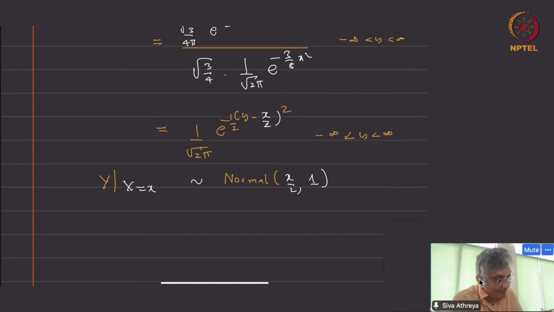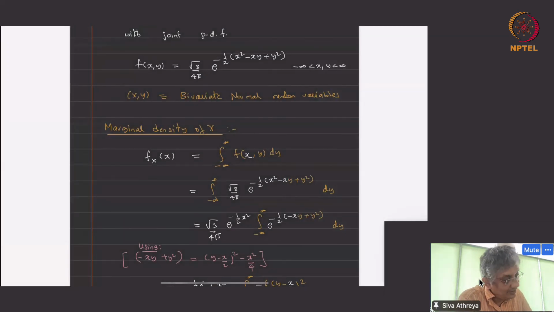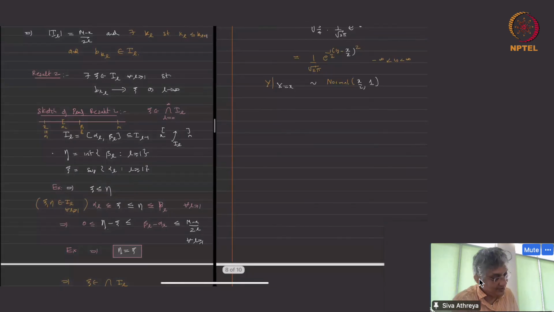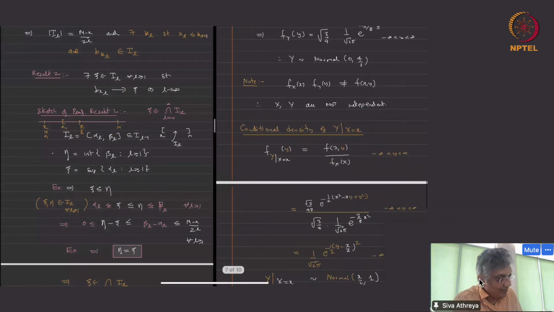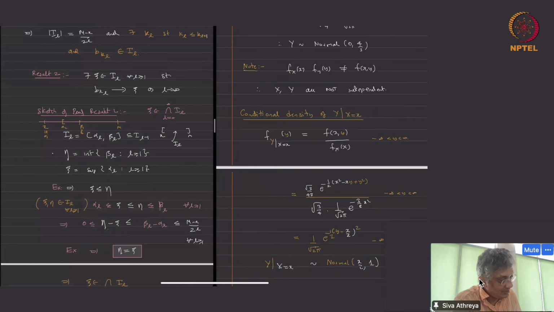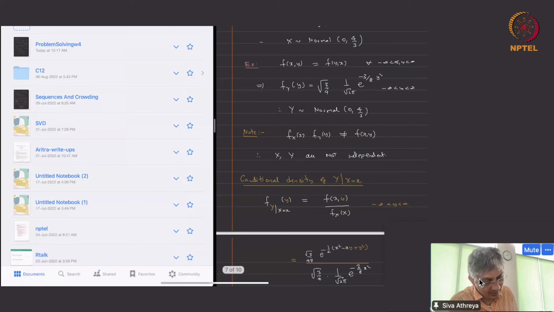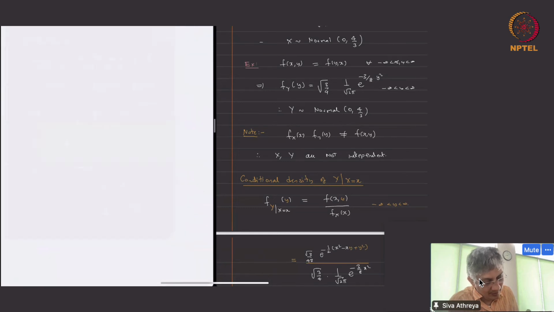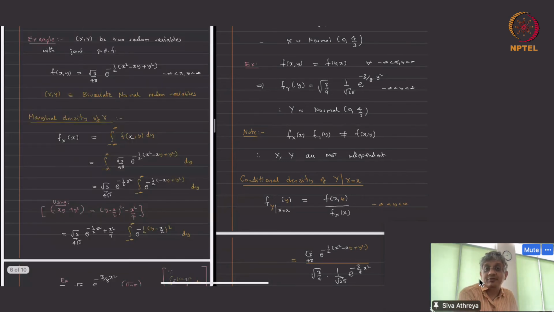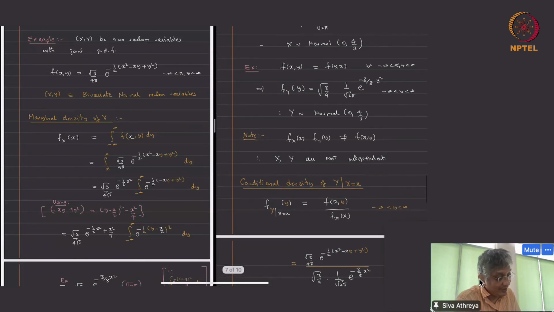So this is the first example we have done of bivariate normal. You should keep this example always in mind when understanding bivariate normal. The joint density is given by this, and then we computed the marginal density of x to be normal with mean 0 and variance 4 by 3.